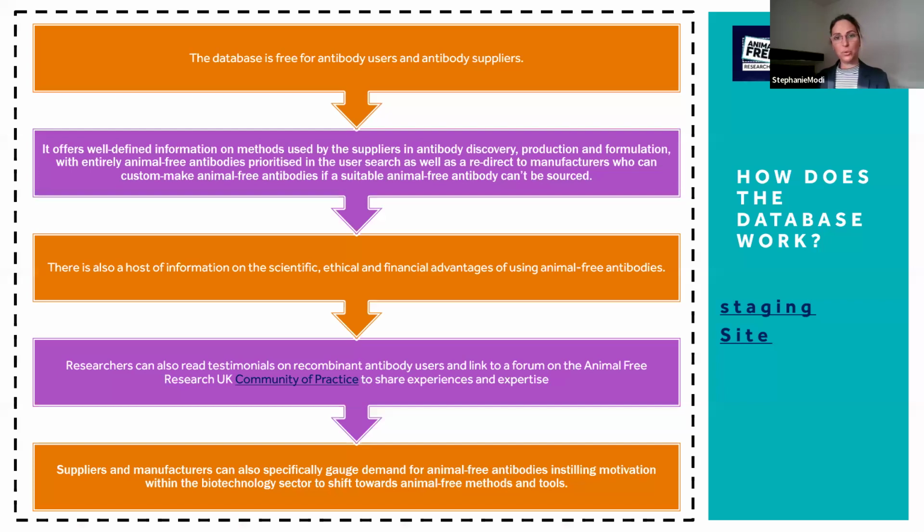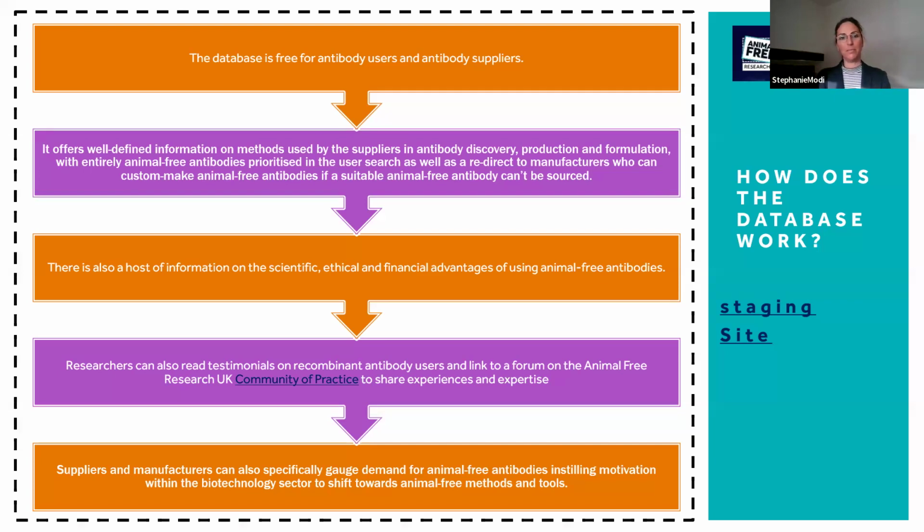So now I'm going to go on to talk more specifically about the animal-free antibodies database. It's a database that's completely free for users and suppliers, and it offers well-defined information on the methods used by suppliers in all the stages of antibody production.